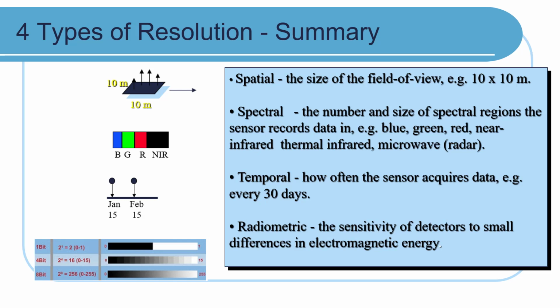This example is every 30 days. And then we have radiometric resolution, and that is the sensitivity of the detectors to small differences in electromagnetic energy. This is showing you 1-bit versus 4-bit versus 8-bit resolutions with their corresponding shades of black and white or gray.